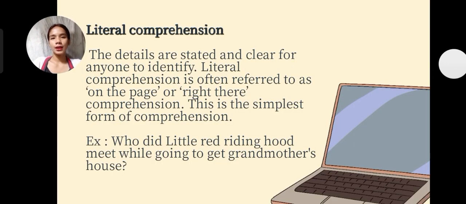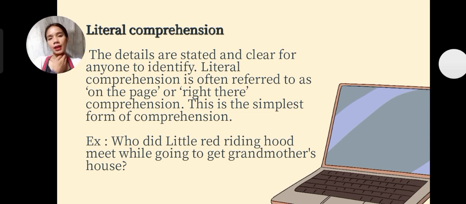So when we say literal comprehension, from the word literal, the questions will be answered through the help of the text. This literal comprehension is sometimes called on the page or right there.